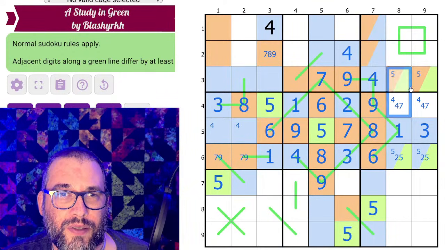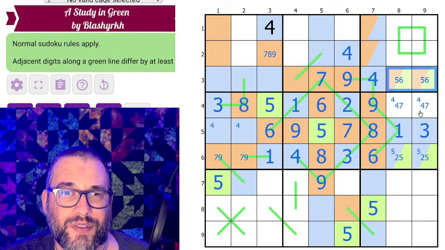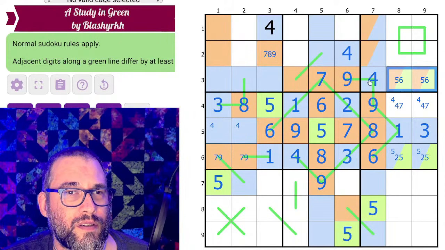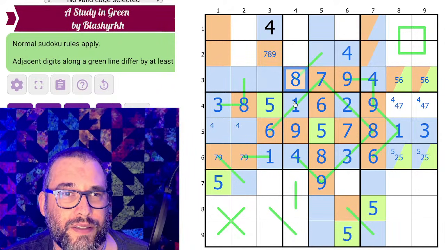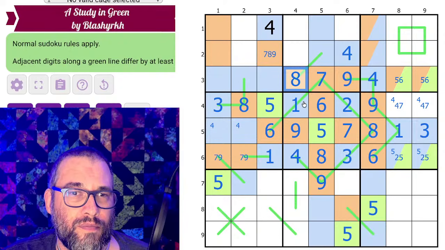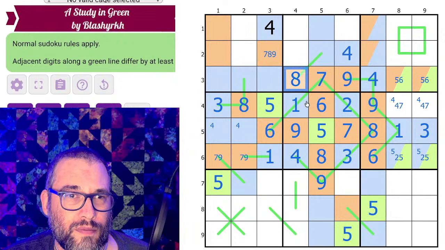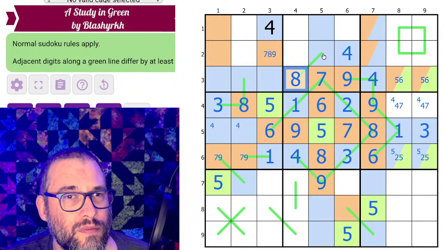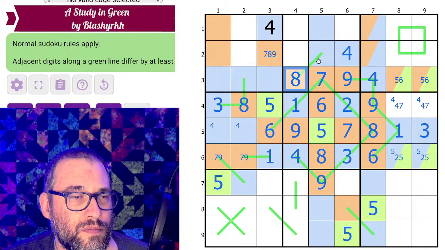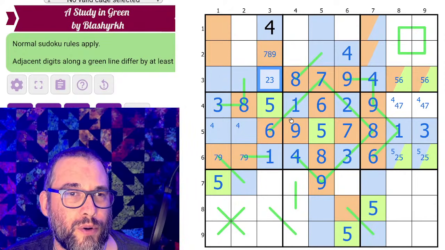This 6 is looking up, so this is actually a 5, 6 pair. So that's an 8. Yep, this sees 1 and 4.